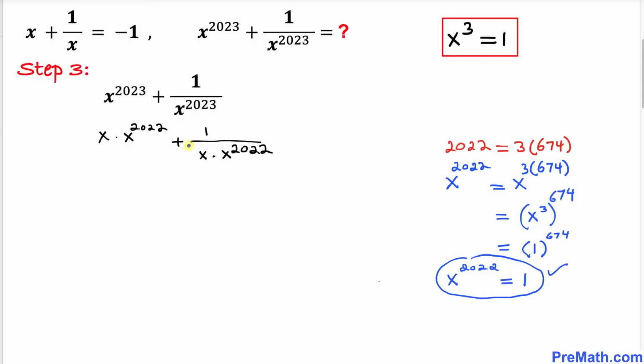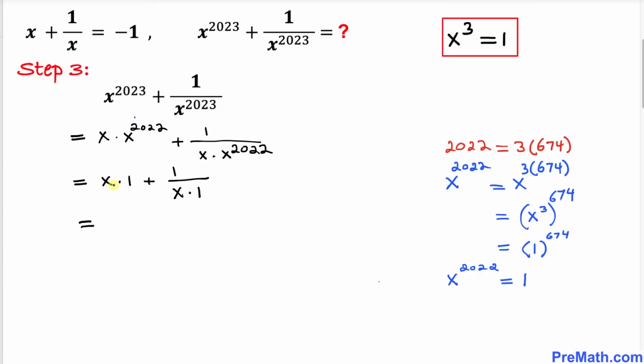And now let's shift our focus back onto our original problem. Over here, x to the power 2022, I'm going to replace it by 1, and likewise x to the power 2022 over here by 1 as well. So therefore I can write x times 1 plus 1 over x times 1.